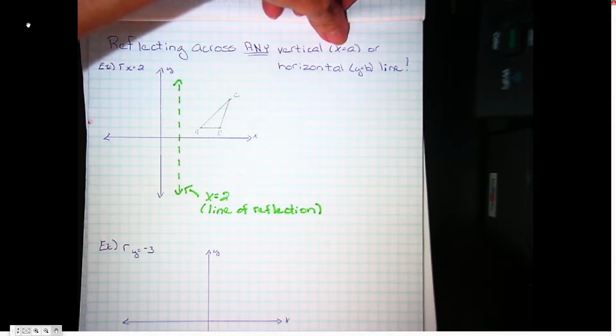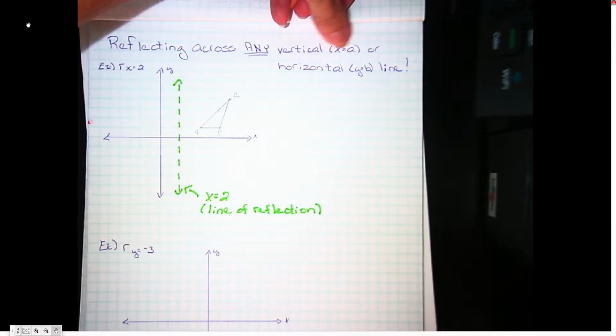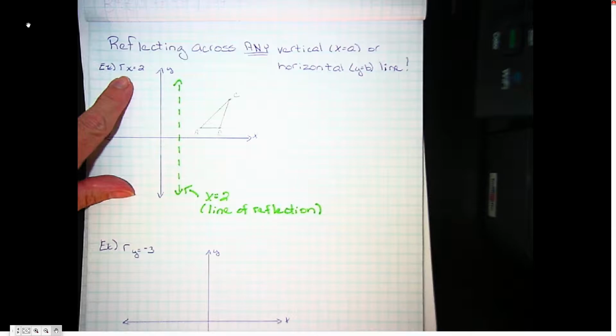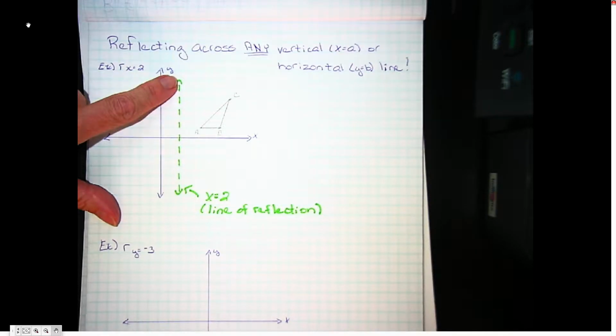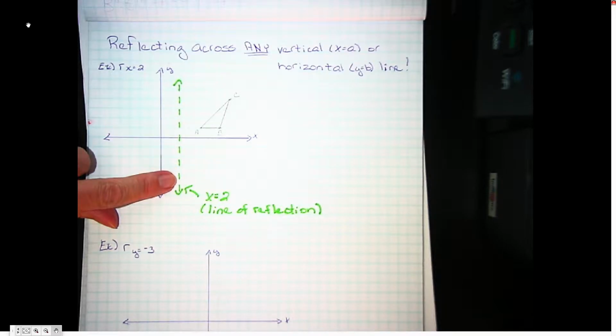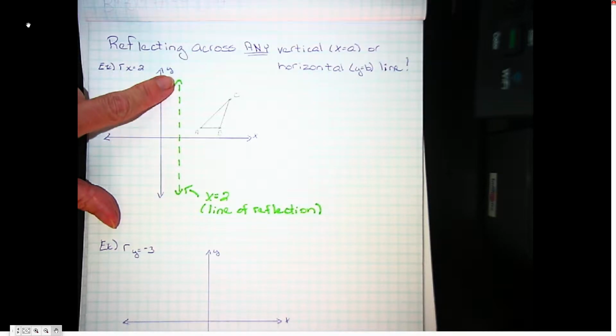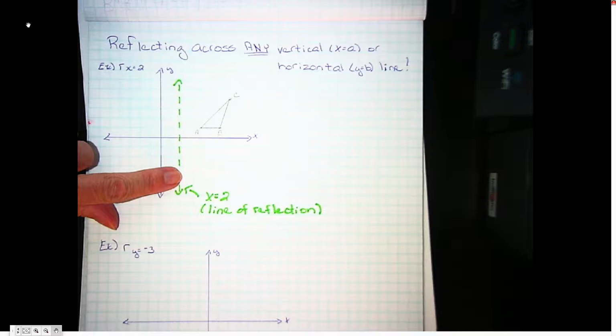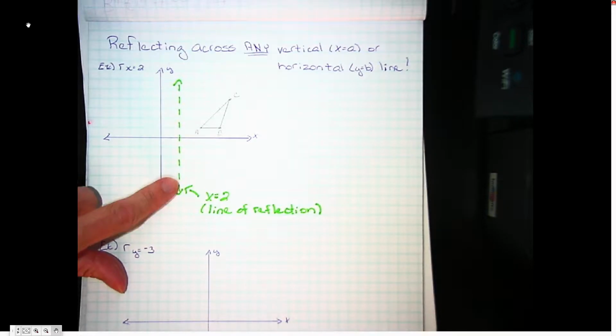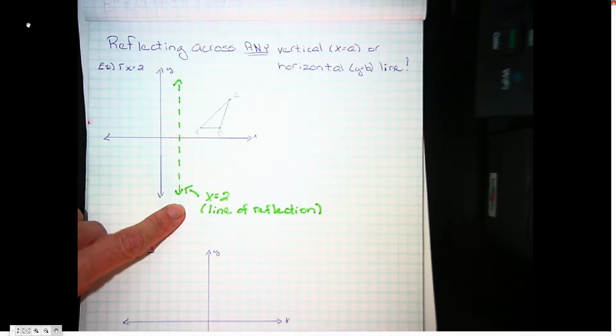Remember, x equals any number is a vertical line. So I would first go to x equals 2 and draw a dotted line like this. That is, in fact, x equals positive 2. We're going to let that be our line of reflection.